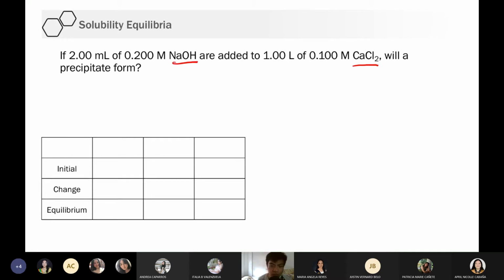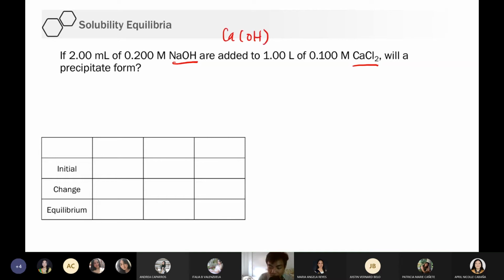Sa tingin nyo, ano kaya yung precipitate na pwede mabuo dyan? Ano yung candidate na maging precipitate dyan? Ano kaya?